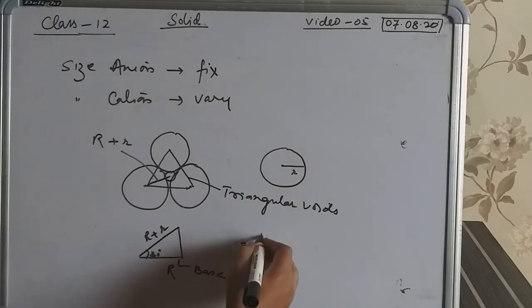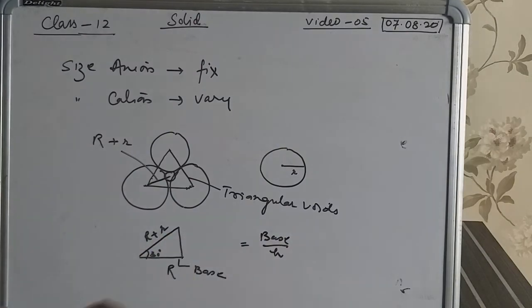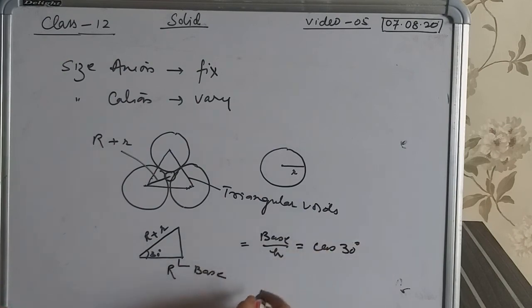So according to the formula, which math students know very well, base by hypotenuse is equal to cos 30 degree. The base is R and the hypotenuse is r plus R, equal to cos 30 degree.